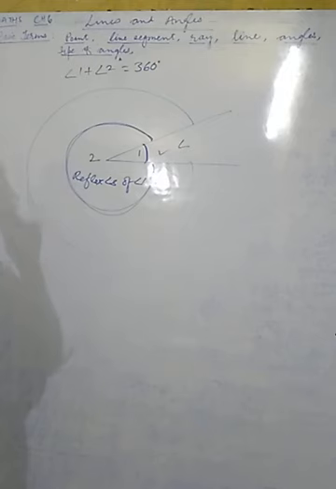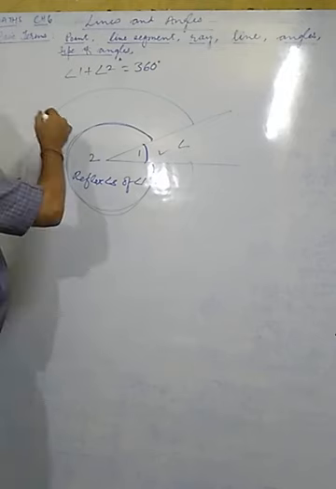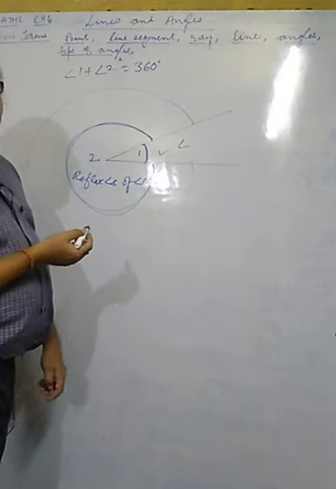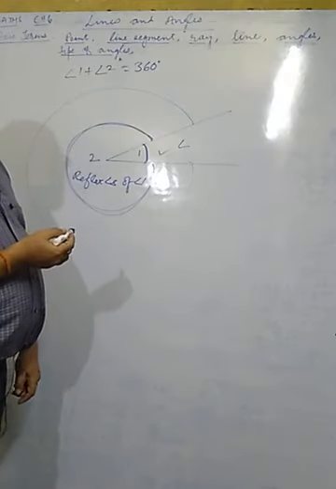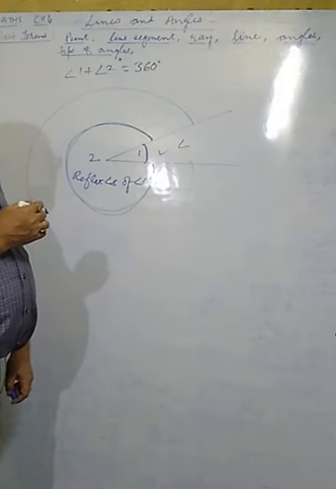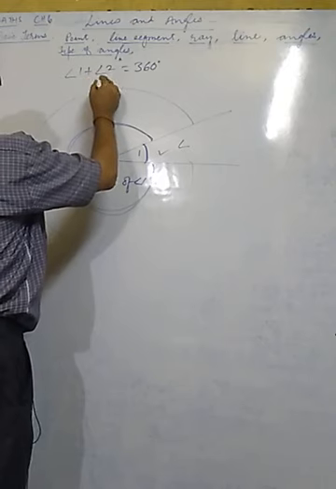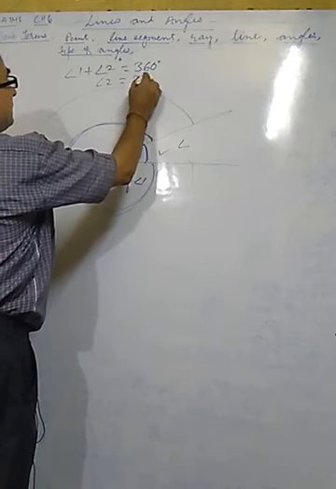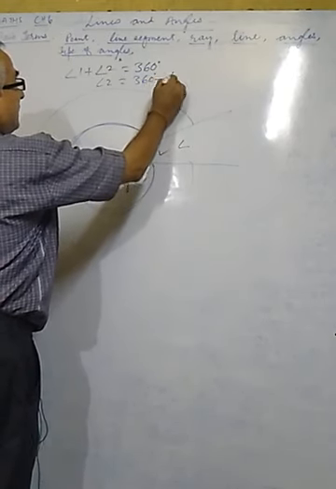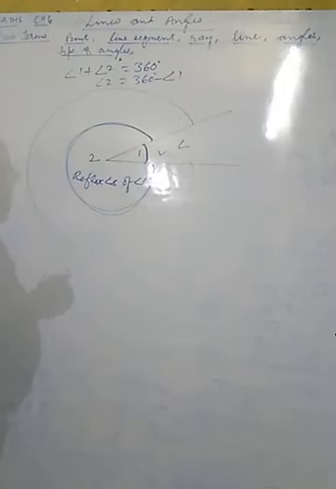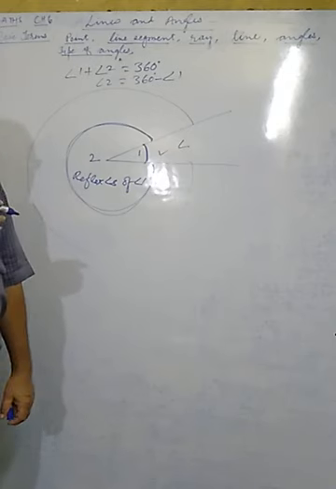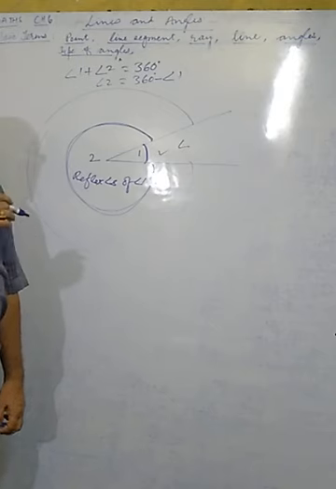If angle 1 is known, how can we find the reflex of any angle? The reflex of any angle is equal to 360 degrees minus that particular angle. So the value of angle 2 will be 360 degrees minus angle 1. If we subtract that angle from 360 degrees, the result is called the reflex of that angle.